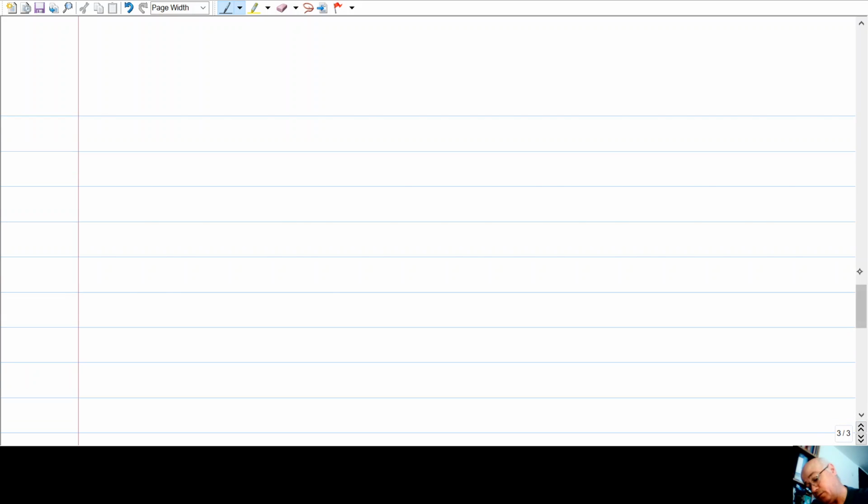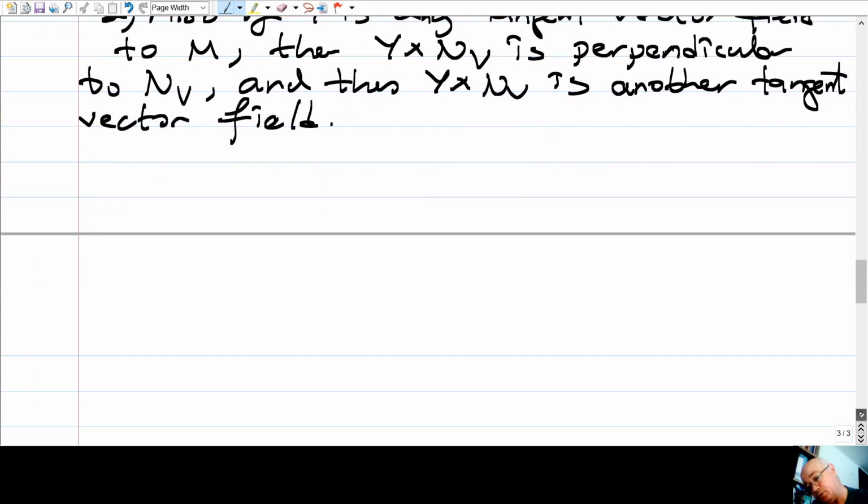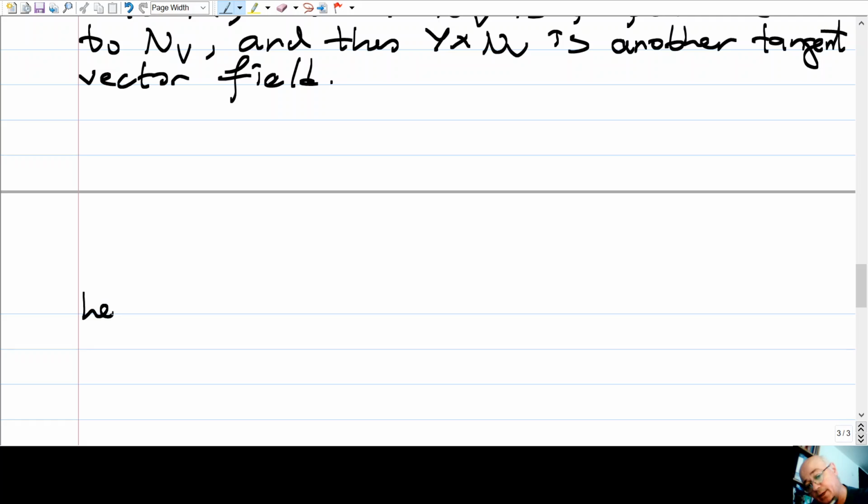So using this observation, we will state and prove the following lemma.